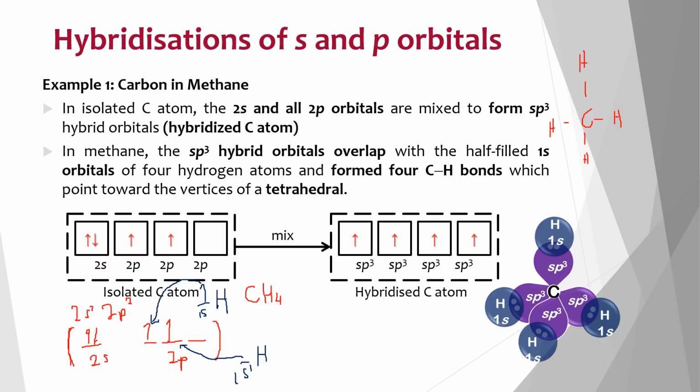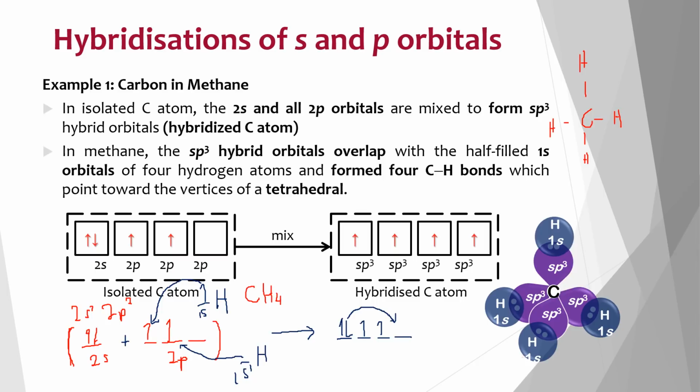You need to hybridize the 2s and 2p orbitals to form hybrid orbitals. So you mix the two orbitals first, and it will become like this. The electron from the 2s will be excited and go to the p orbital.